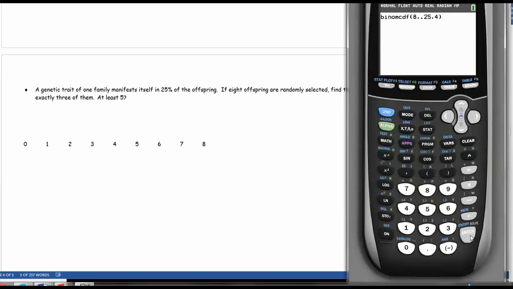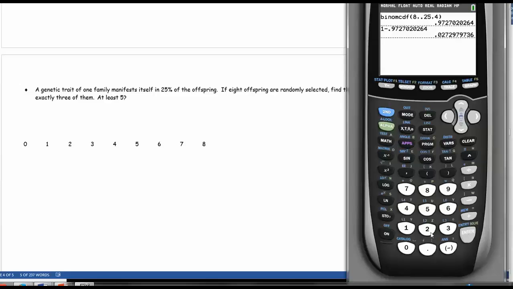Then hit enter. So what this 0.97 represents is, if 25% of the children have this, I would find 4 or fewer children that have this particular trait 97% of the time. So to find the 5 or more, I would do 1 minus that 0.97, which is 0.027, or about 3%.